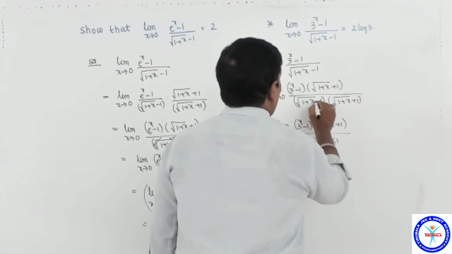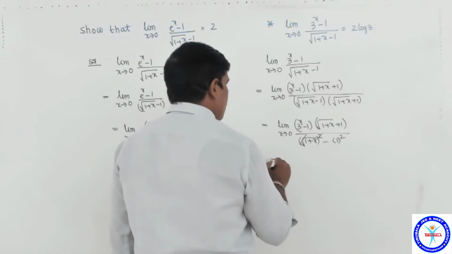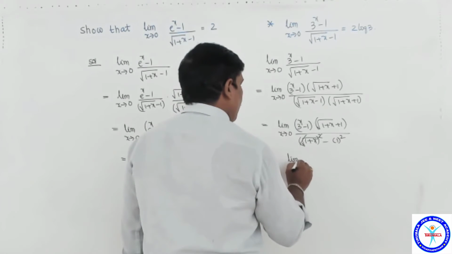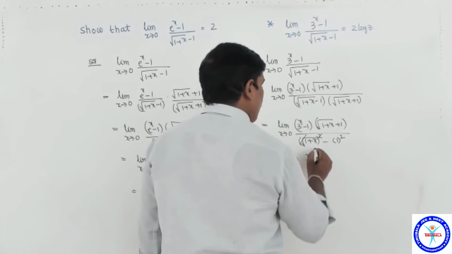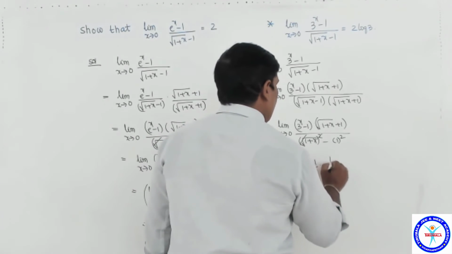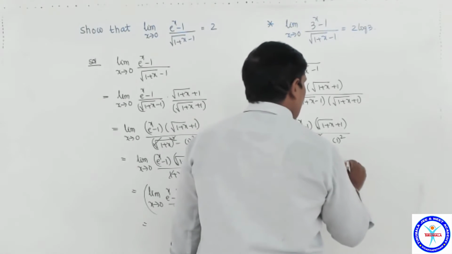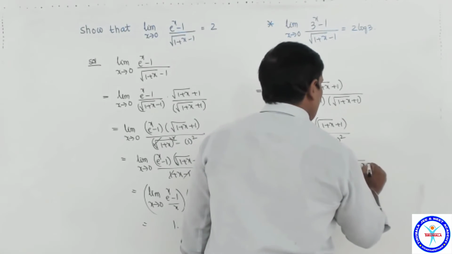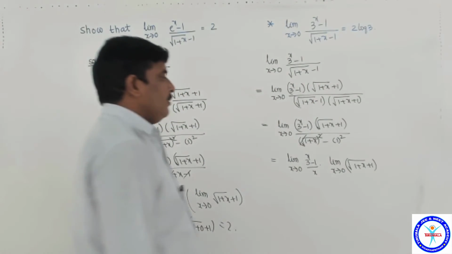This value is minus 1, minus 1 square. Square root cancel. This is equal to limit x tends to 0, 3 power x minus 1 by x into limit x tends to 0, root over 1 plus x plus 1. This value is log 3.